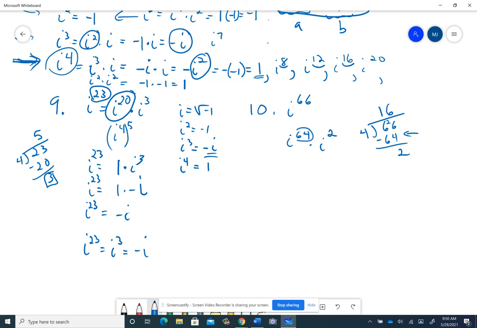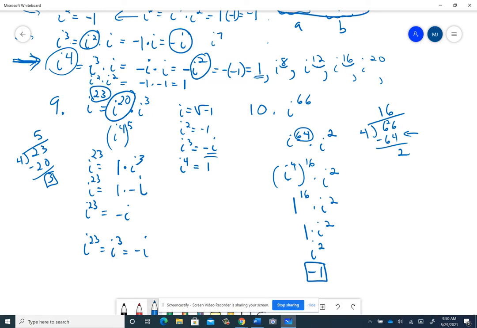And this is really 4 times 16. So it's like I have i to the 4th 16 times. And i to the 4th, we like that because it's just 1, and 1 to any power is 1. And so you really just have i squared. And i squared equals -1. So that's your final answer.